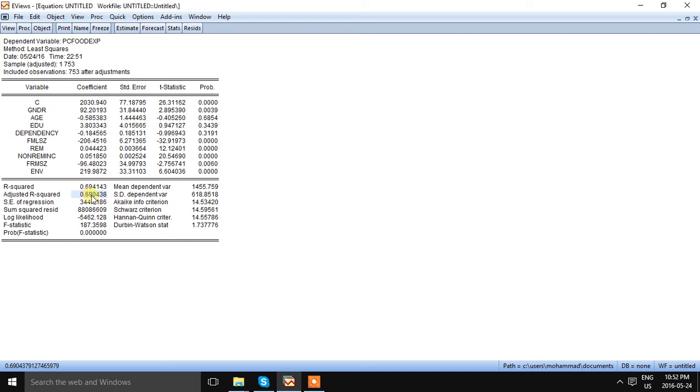So we see that R squared is a measure of how close the data are to the fitted regression line. It is also known as the coefficient of determination. The definition of R squared is pretty straightforward.